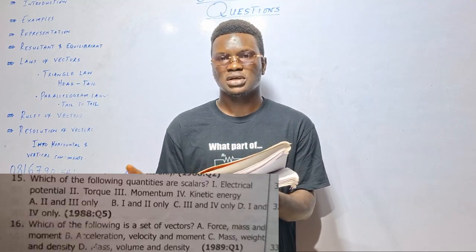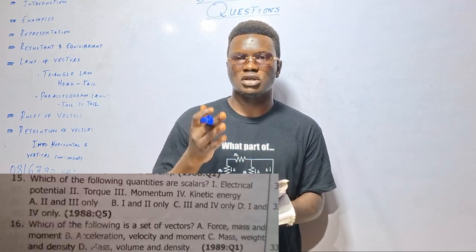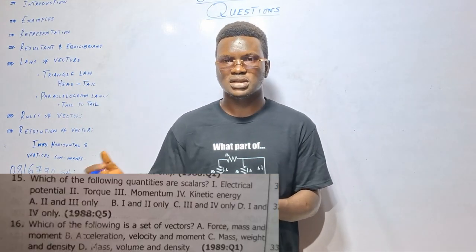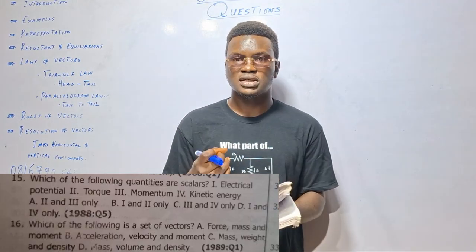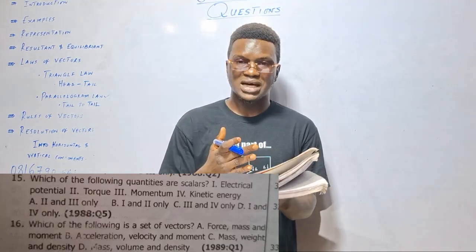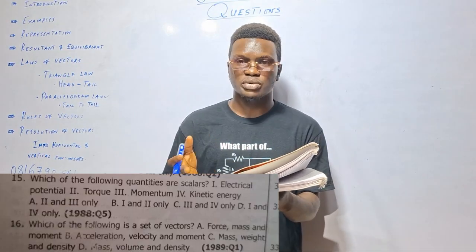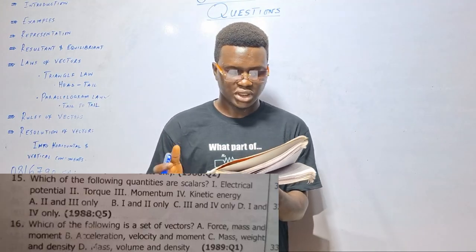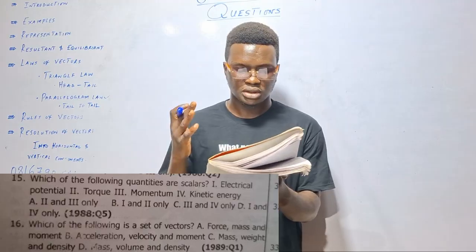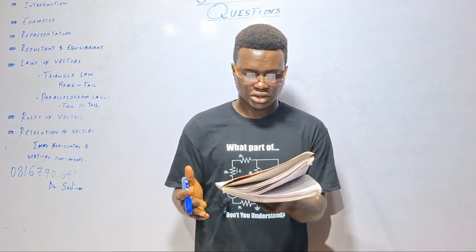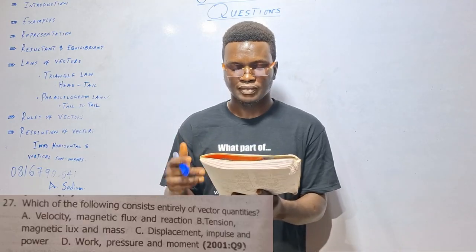Those are vectors, because moment is talking about the force and the perpendicular distance. So moment is a vector, acceleration is a vector, velocity is a vector. But mass is a scalar quantity, and every other option has mass: mass, weight, and density; mass, volume, and density. So the answer is option B, acceleration, velocity, and moment.